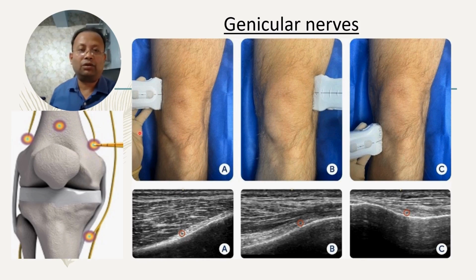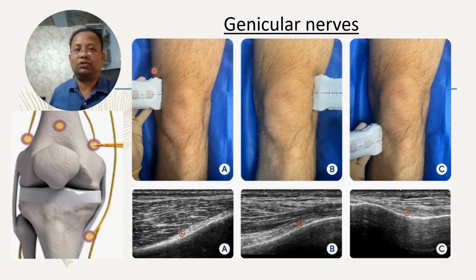Actually, nerves are not clearly seen. We always target the genicular vessels which are associated with the genicular nerves. Sometimes we see the nerves, otherwise genicular vessels are very clearly seen. There are multiple literatures.